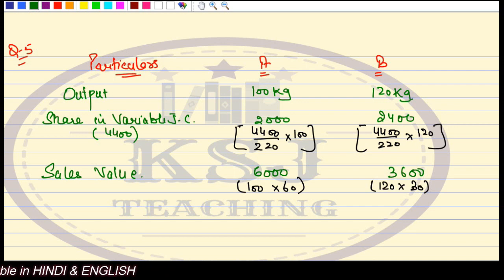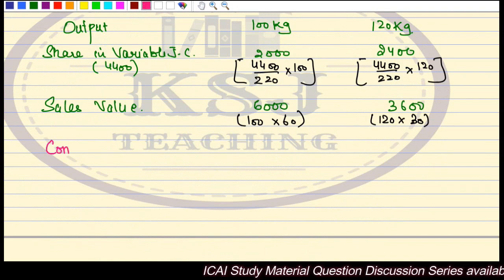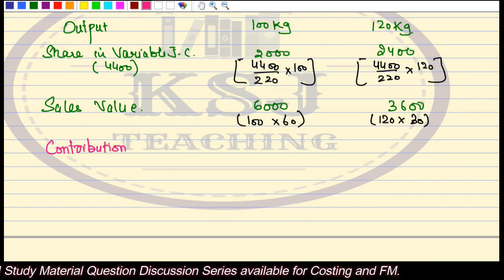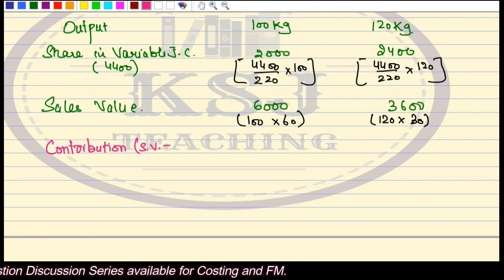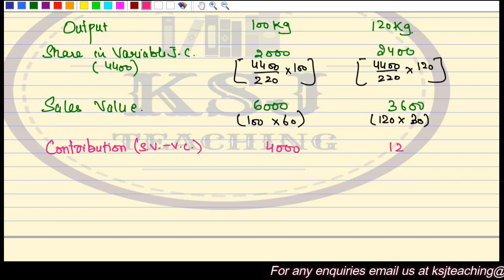Now you have the sales value, you have the variable cost for both the products. Can you calculate the contribution? Now you can calculate the contribution, that is sales value minus variable cost, right? 6000 minus 2000, you will get 4000 here, and 3600 minus 2400, you will get 1200 here.